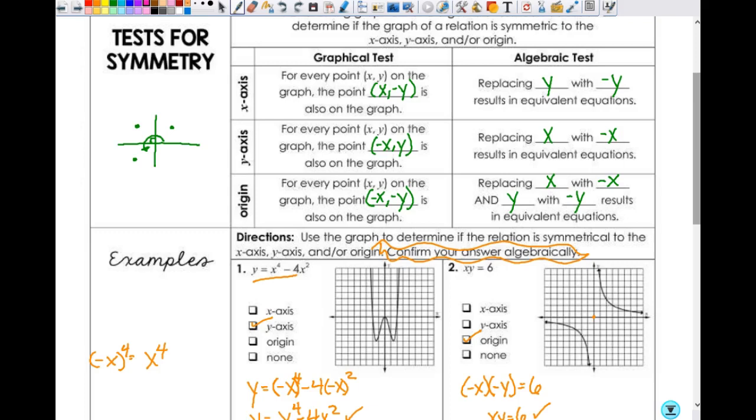Remember that? And then we substituted in negative x, positive y to test for y-axis symmetry, and negative x, negative y for origin symmetry. So we have the same kind of rules for polar. Obviously, they're different than this, and they're not x and y, but we're doing the same type of thing. You've done it already for rectangular graphs, and we're going to do it now for polar graphs.